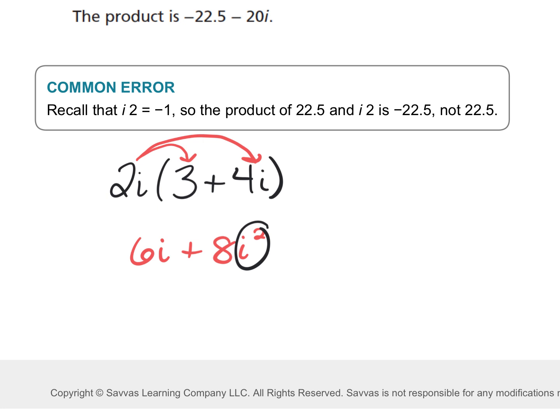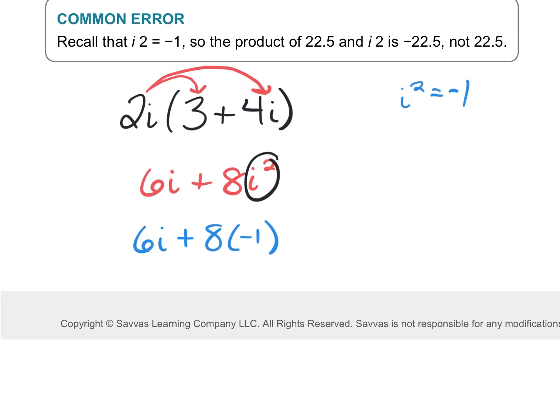We're going to substitute, because earlier we said i squared equals -1. So we plug in -1 for i squared. So now I have 6i plus 8 times -1. Well, what's 8 times -1? -8.